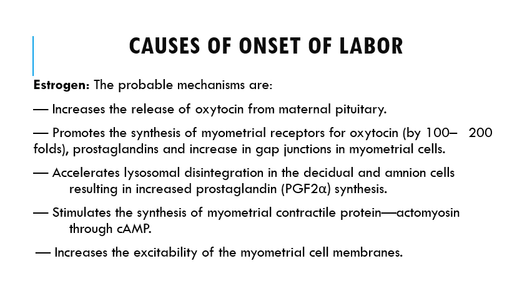It also accelerates lysosomal disintegration in the decidual and amnion cells, which leads to increased prostaglandin synthesis, prostaglandin F2 alpha. It stimulates the synthesis of myometrial contractile protein, that is actomyosin, through cyclic AMP. Plus, it increases the excitability of the myometrial cell membranes.